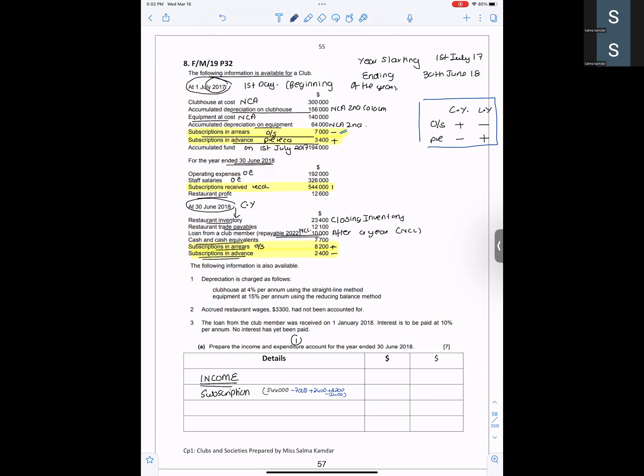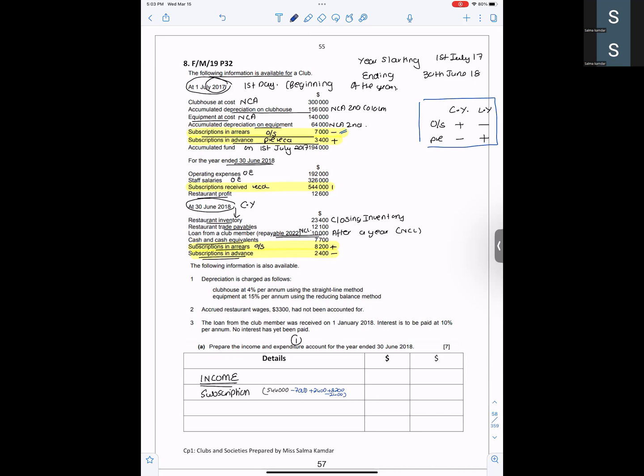Calculate and get the amount for me for subscription. So it would be 544,000 minus 7,000 plus, sorry, plus 3,400 plus 8,200 minus 2,400.